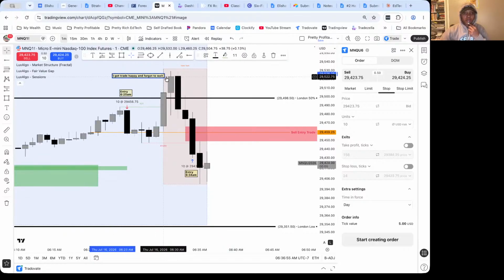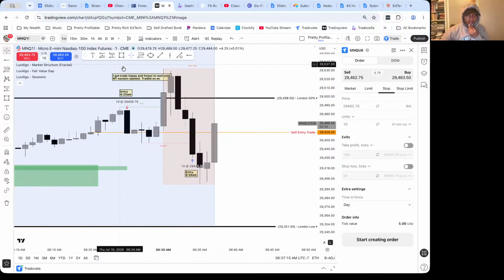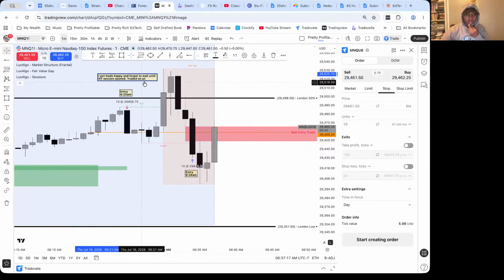I got the trade app and forgot to wait until. So I traded on an invalid zone.